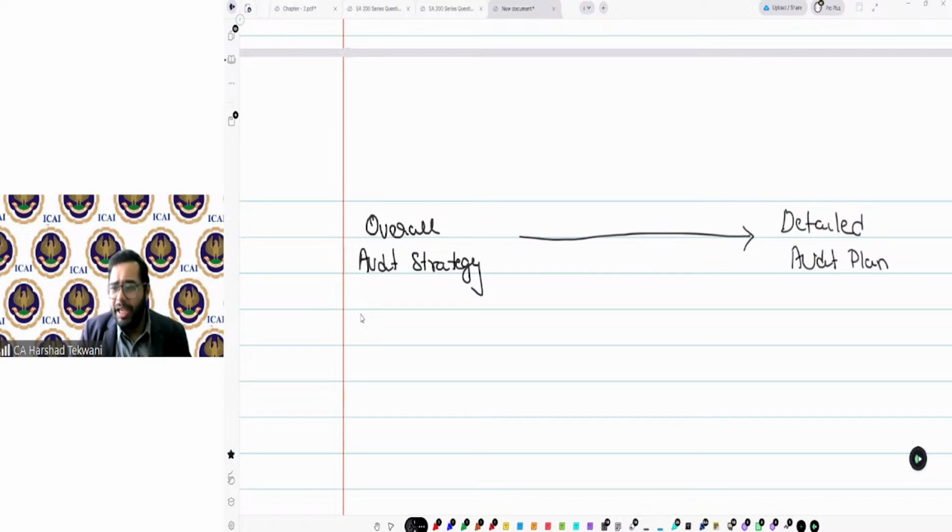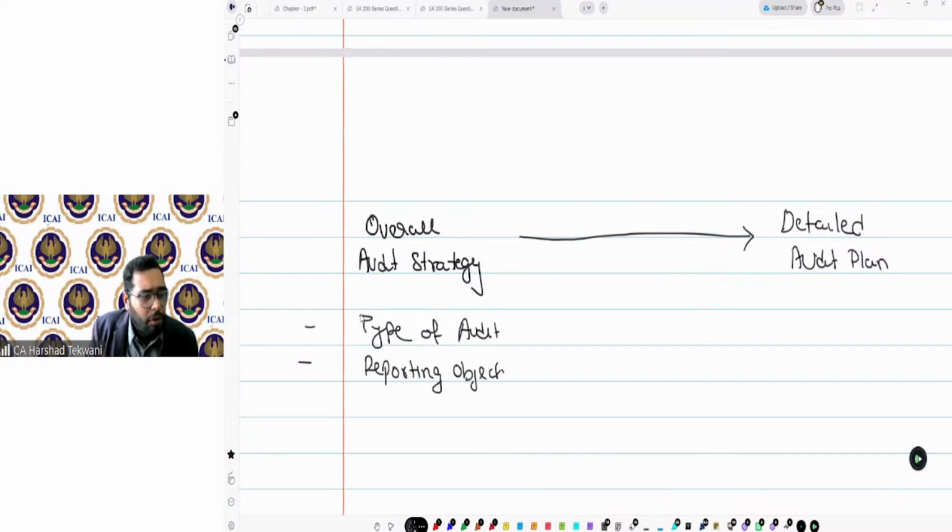Now, overall audit strategy basically provides the overall aspects of the type of audit. Okay. Reporting objectives: what to report, how to report, when to report. How much team and resources are required.